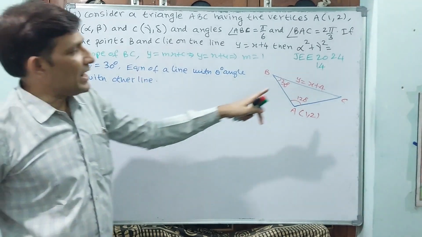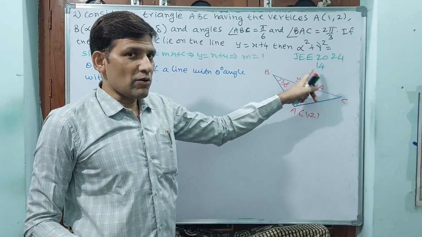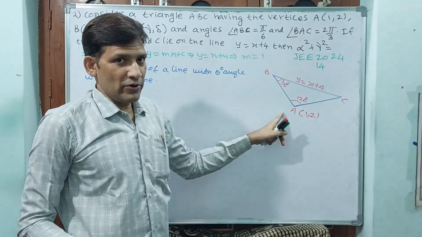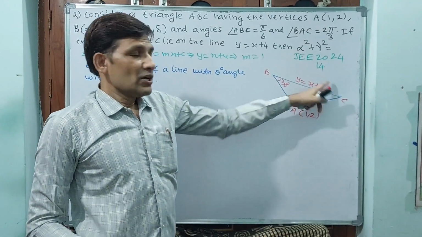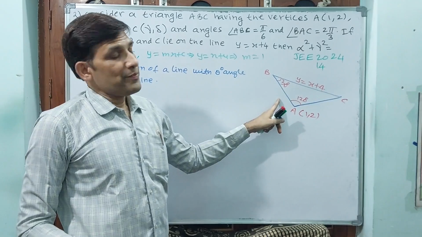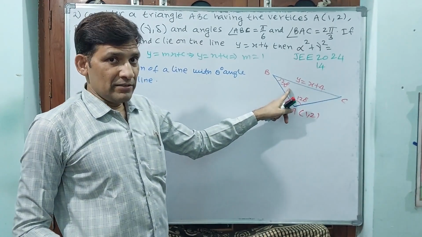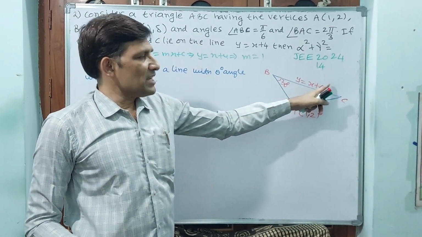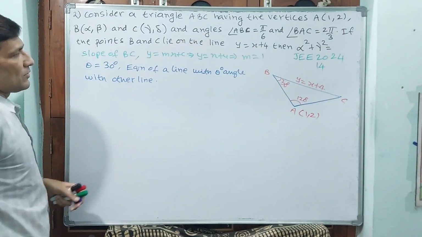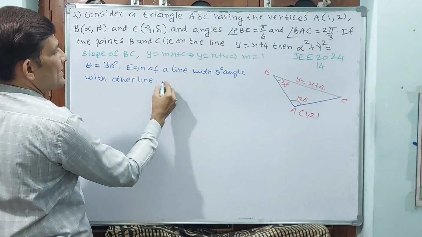That means at least one line you should have. This line we don't know, this line you know. This line's equation you can find, provided you have theta and the slope. Slope I have already found. Okay, what is that equation?